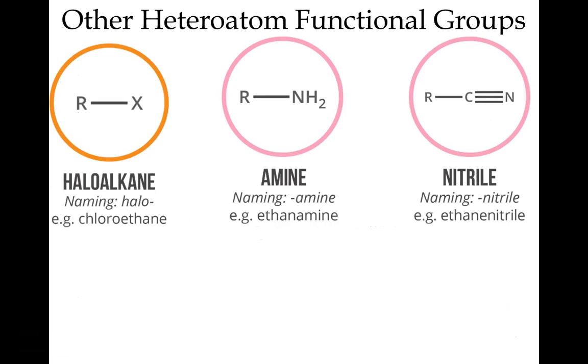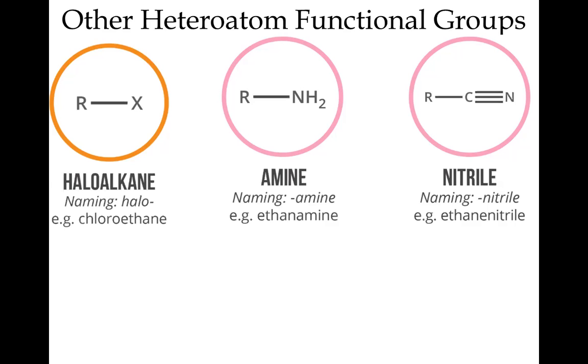I think this is the last slide. Here are some other things. So if it's the halogens, for instance, if it's an ethane with a chlorine bound to it, it's going to be a chloroethane. So we put that halogen name in front of the alkane.